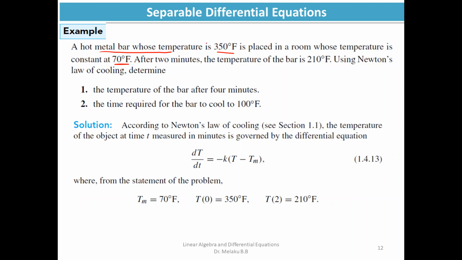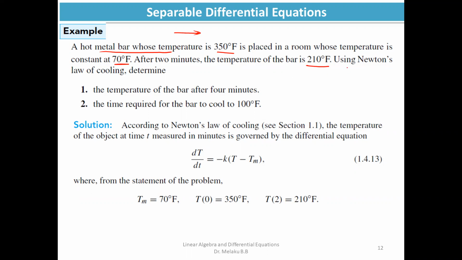So what we expect is that the temperature from the metal will move to the room, which means there will be cooling of the bar. After 2 minutes, it says the temperature of the bar is 210. That's obvious, it must be reduced from 350.